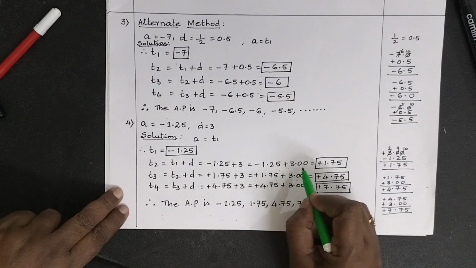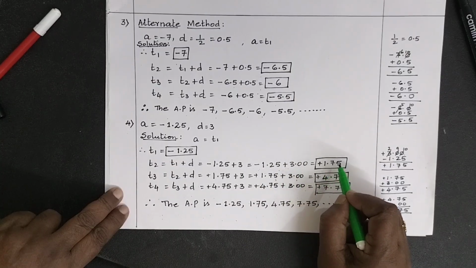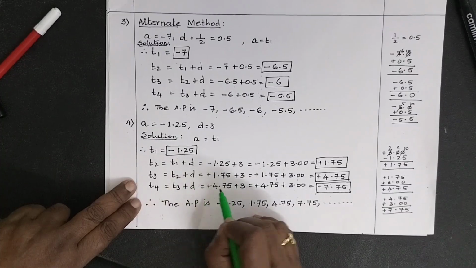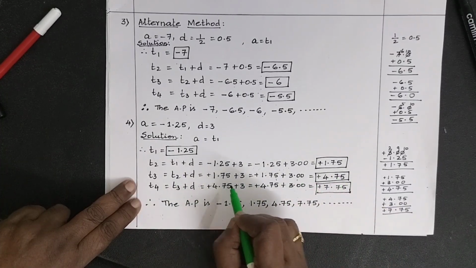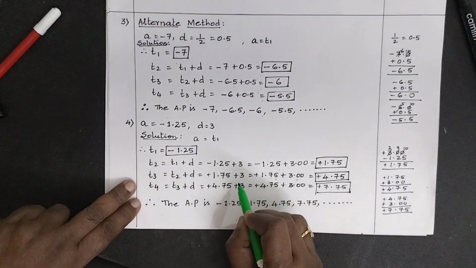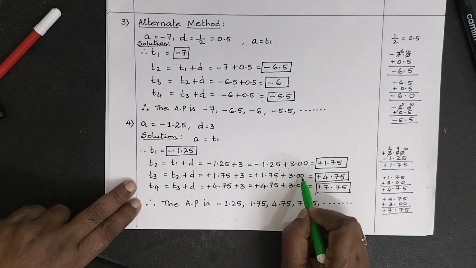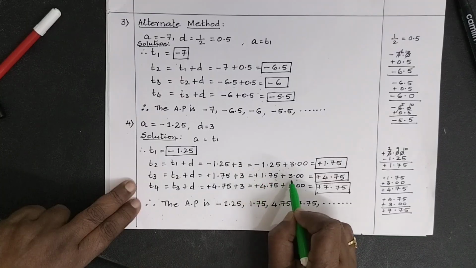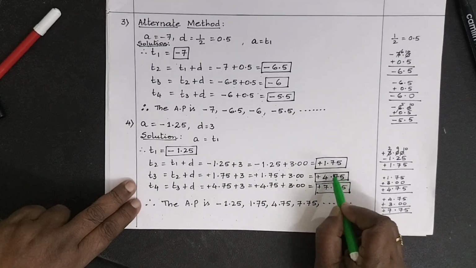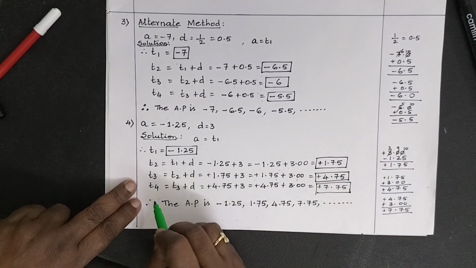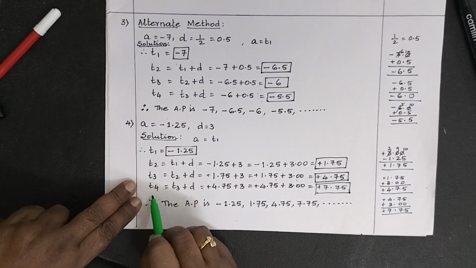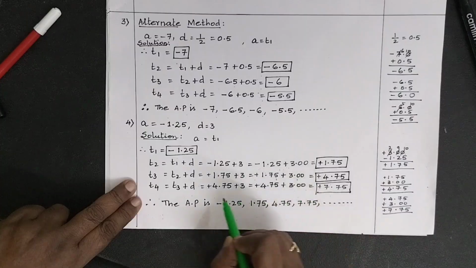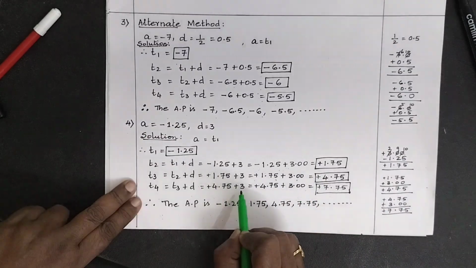So we are getting 1.75. T3 is what? T2 plus D. So T2 is 1.75 plus 3. So again 3 I am writing as 3.00. Here the signs are same. So when the signs are same, put the same sign and just add it. Next, fourth term. T4 is T3 plus D. T3 is what? 4.75 plus 3.